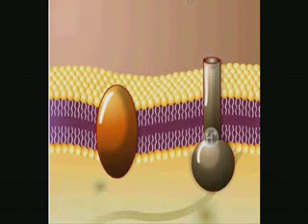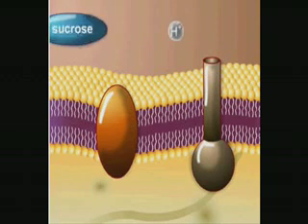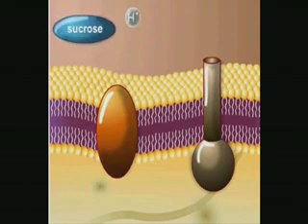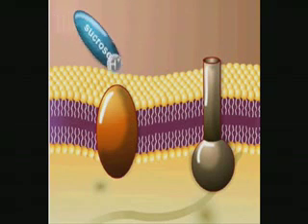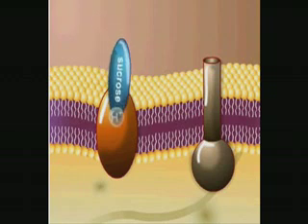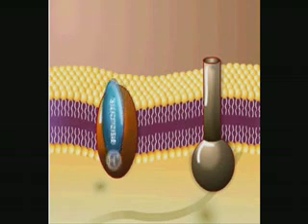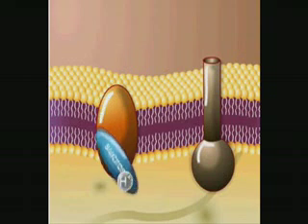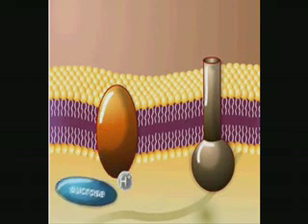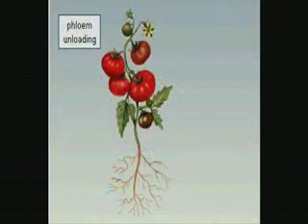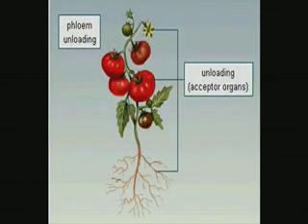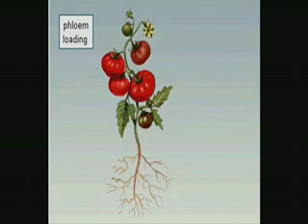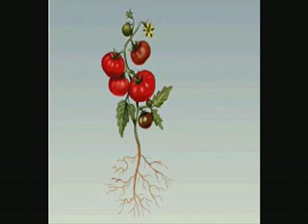Hydrogen ions return to the cell through the protein channels along the concentration gradient. At the same time, sucrose is translocated together with these ions. Sucrose is therefore transported through the membrane of the companion cell to the sieve tube by means of co-transport, which in this case involves simultaneous transport with hydrogen protons. Phloem unloading takes place in the cells of acceptor organs. Like phloem loading, this can take place either via the apoplast or via the symplast.